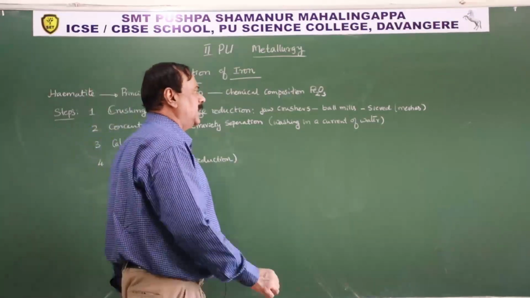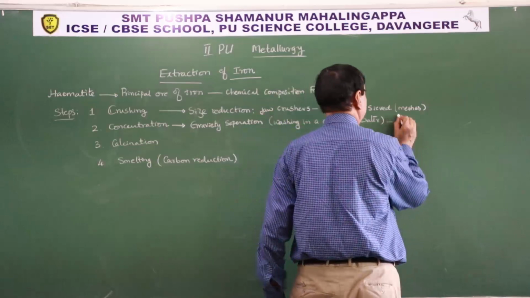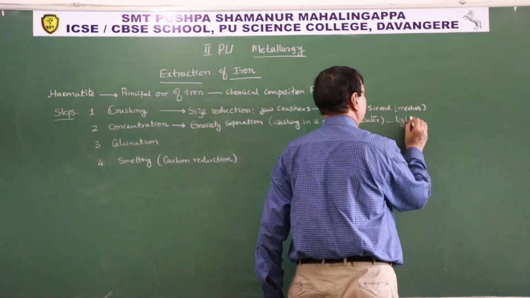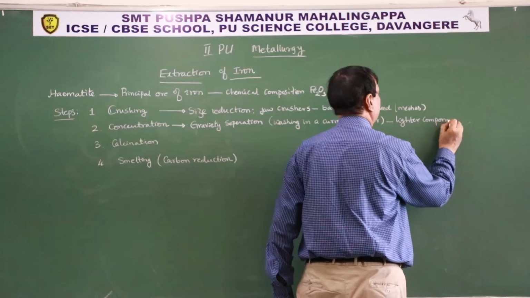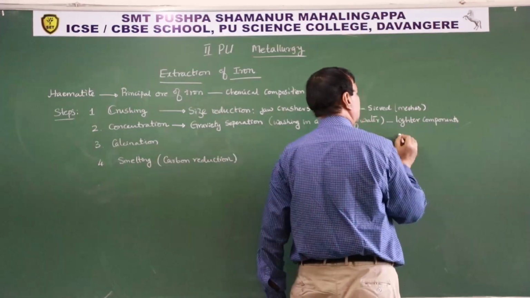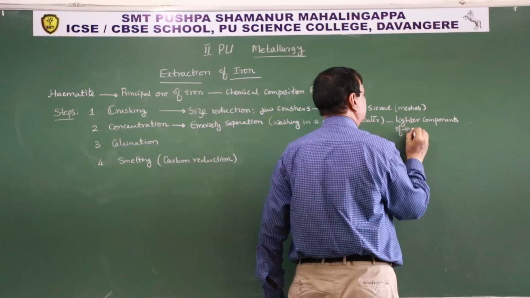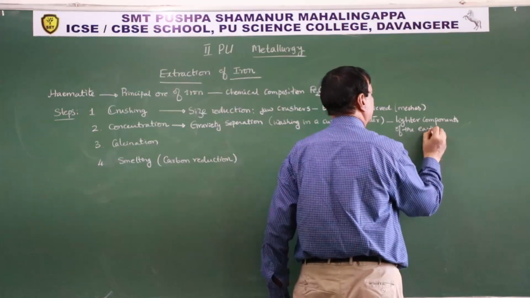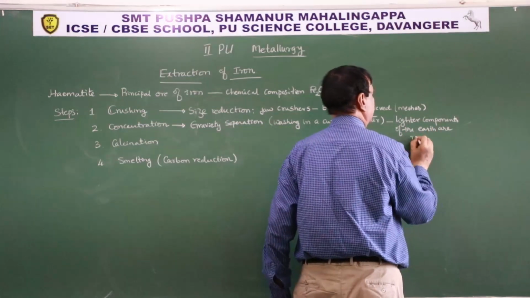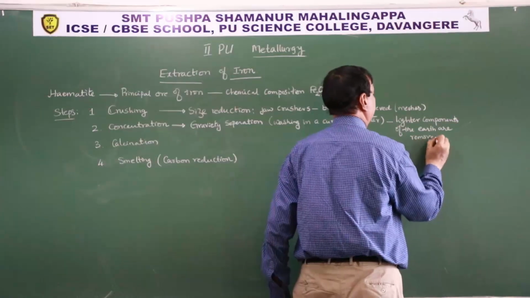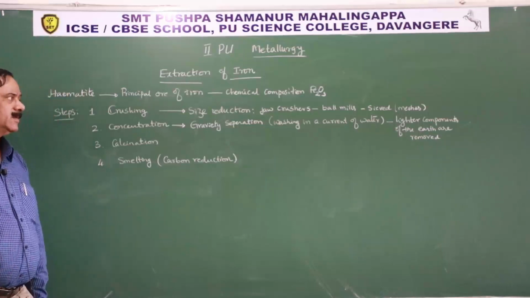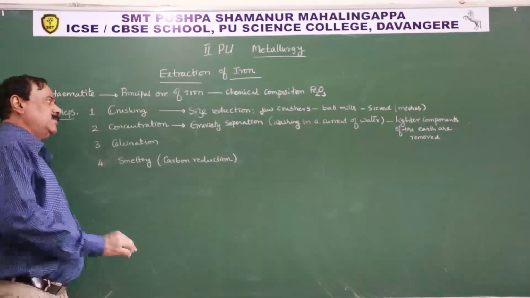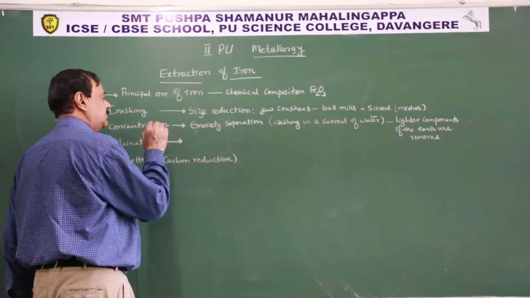Now, the lighter components of the earth are removed by means of this gravity separation technique. Is it clear? Next one is calcination.